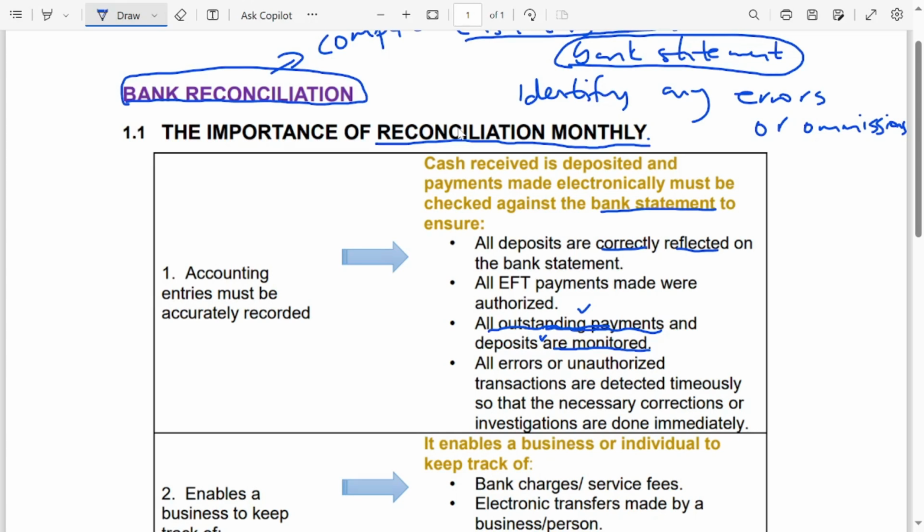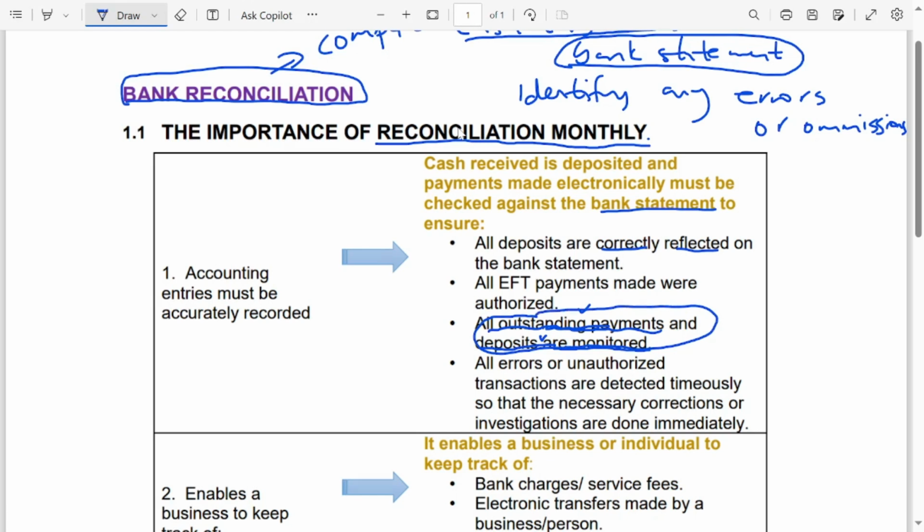So the business needs to monitor that payment. Is it now appearing in the bank statement? Same thing with the deposit. The business needs to monitor these two. But I've made a video where I've explained these two, outstanding payment and outstanding deposit.